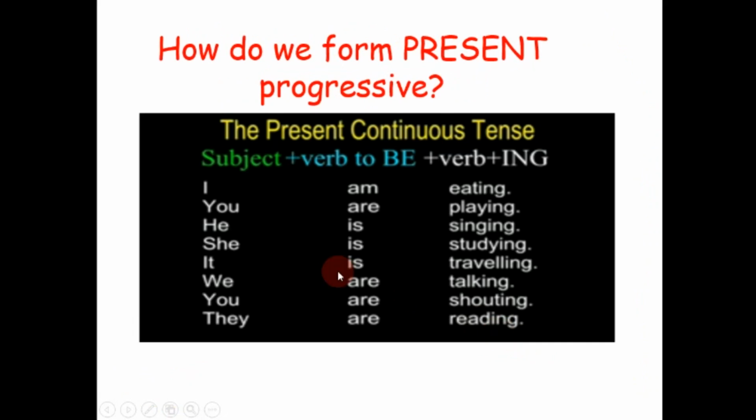Now we will move to the present progressive or the present continuous. Here we use subject, verb to be, plus verb plus ing. I am, he, she, it, is, we, you, they, are, plus verb plus ing.